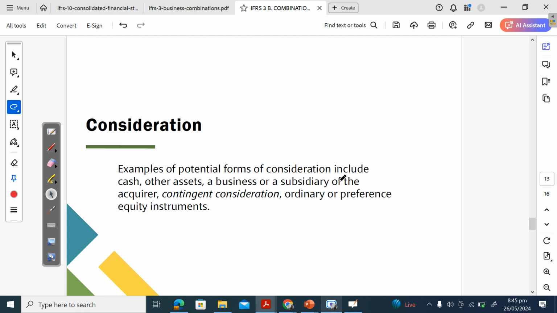Examples of consideration can be in the form of cash, other assets, a business, another subsidiary, contingent consideration, or ordinary shares or preference shares. So there are a number of forms of consideration that can be offered to acquire interest in a subsidiary.